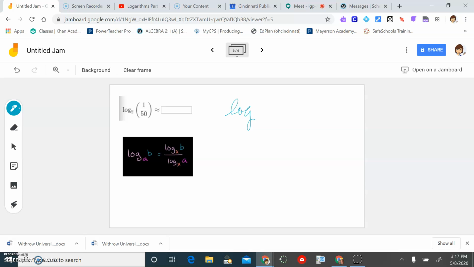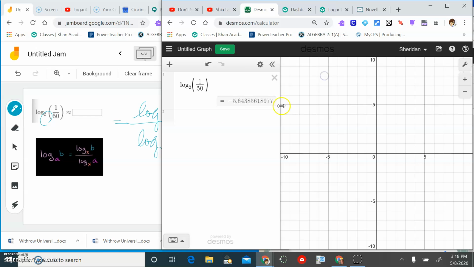Log base 10 of 1 over 50 divided by log base 10 of 2, whatever this base is down here. So we could use the change of base formula and we'd get the same answer.